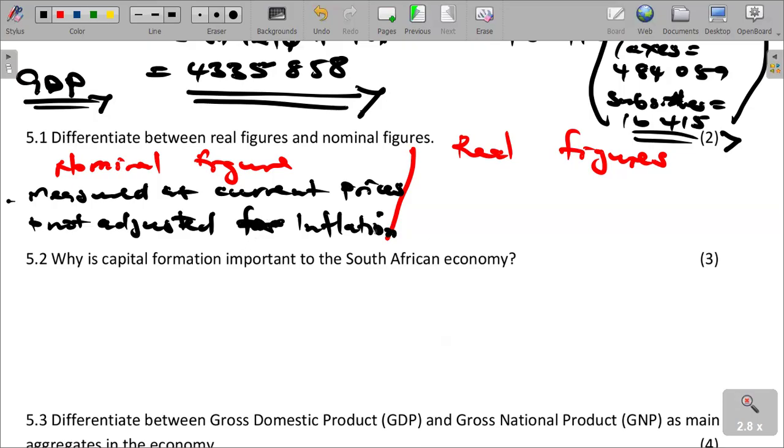That is one. And then if we talk about real figures, they are measured at constant prices.